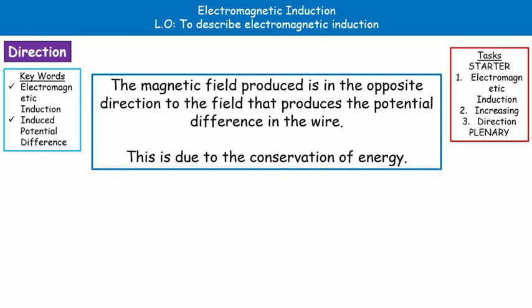And those act in opposite directions, and we know that because of the law of conservation of energy, because we can't have them going the same direction, otherwise basically we've created energy, which isn't possible. So due to conservation of energy, the magnetic field produced is in the opposite direction to the field that produces the potential difference in the wire.